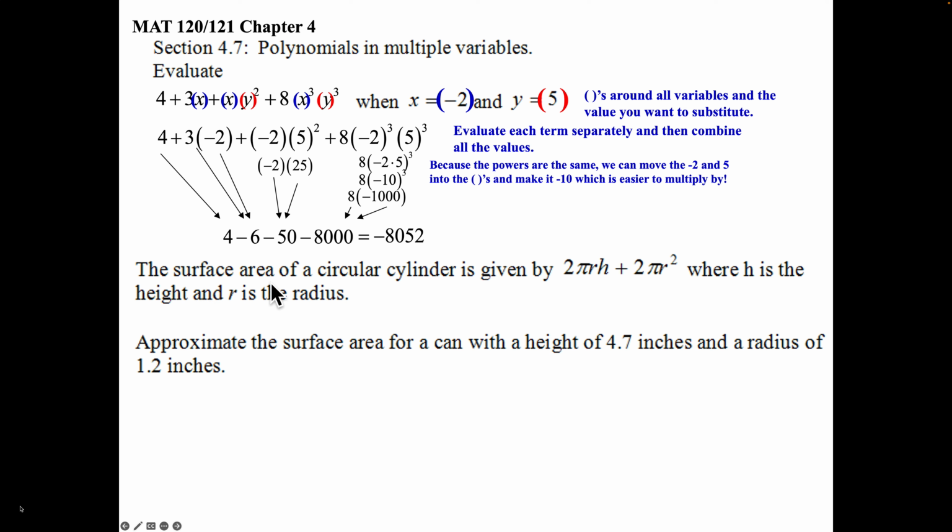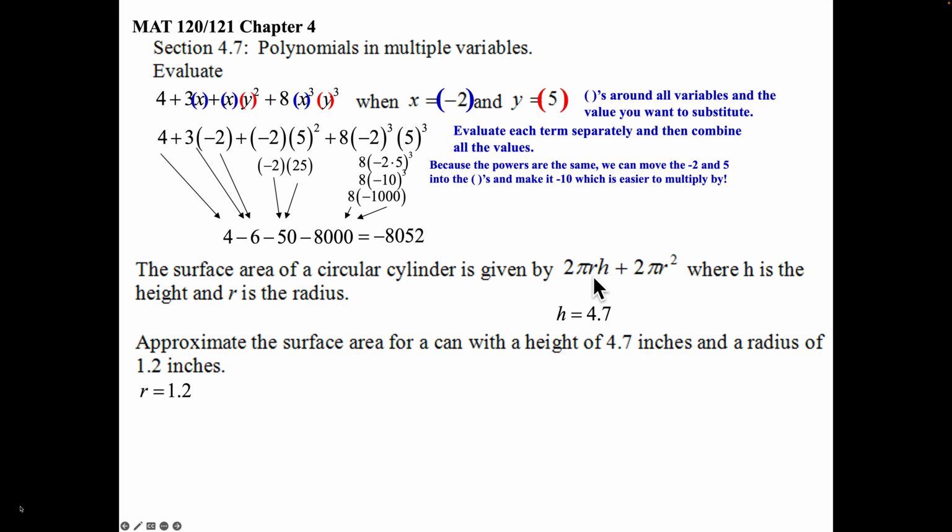All right, next we have the surface area of a circular cylinder is given by the formula 2 pi rh plus 2 pi r squared, where h is the height and r is the radius. So we have multiple variables, r and h and r squared. Pi symbol is a value. Approximate the surface area for a can with a height of 4.7 inches, that's my h, and a radius of 1.2, that's my r.